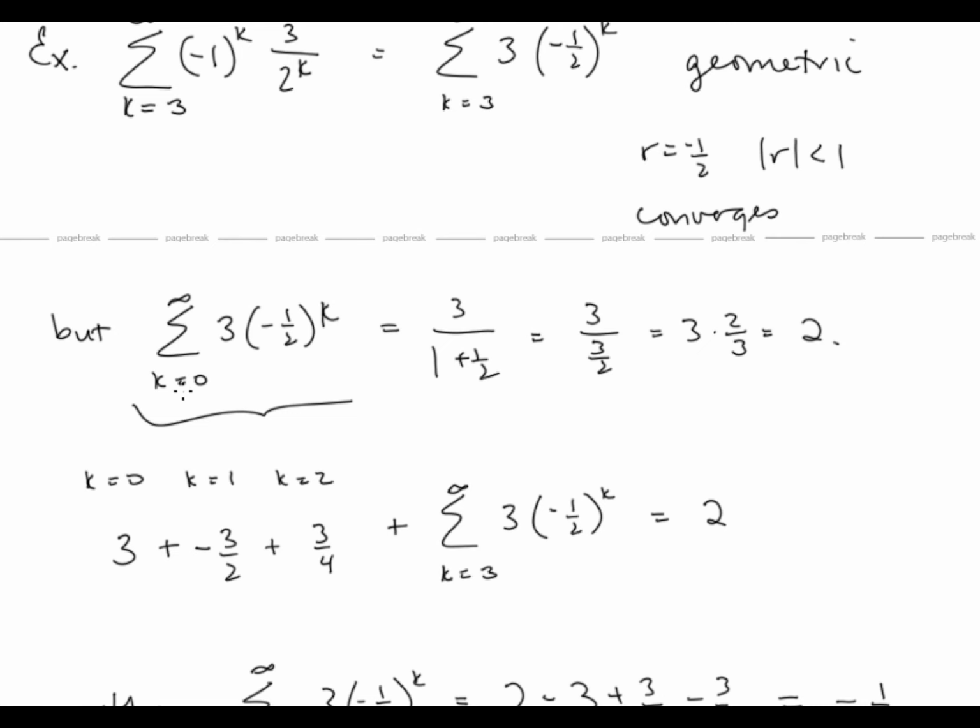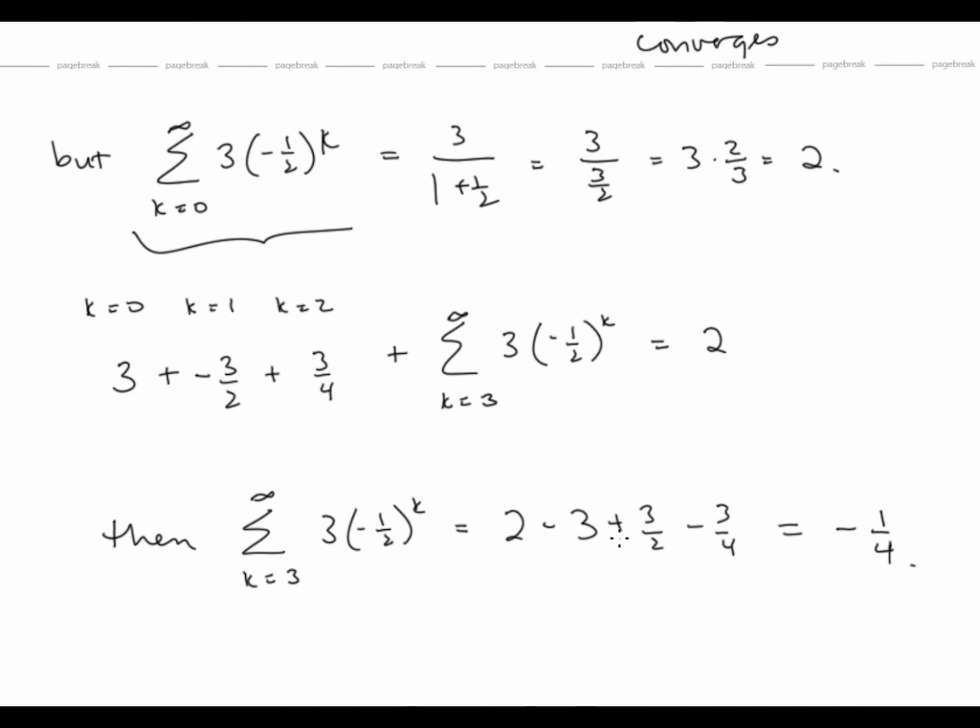This sum, starting at 0, gives us the terms 3 plus negative 3/2 plus 3/4 plus the series from 3 to infinity. And this entire sum is equal to 2, right? K going from 0 to infinity, this entire sum is equal to 2. So what's the summation here equal to?